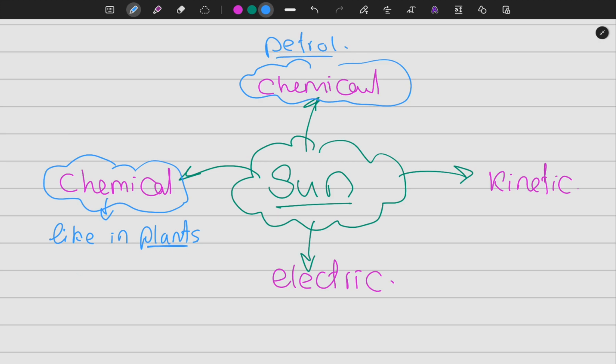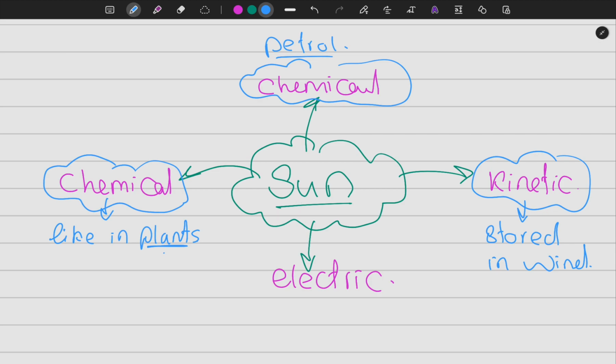Kinetic energy, like stored in wind. I see that plants use the sun. I see that petrol is made by using sun energy. But what is the relation between the wind and the sun?